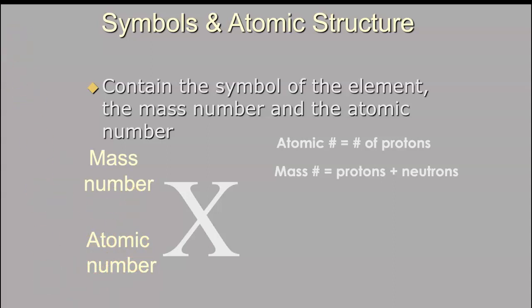And so if we take these two values, the mass minus the atomic number, that's going to give us our number of neutrons. And so just doing a little subtraction there will give you that number of neutrons. And that's really the only way that you can find the number of neutrons, is by doing that subtraction.